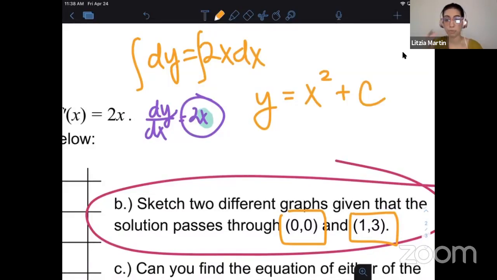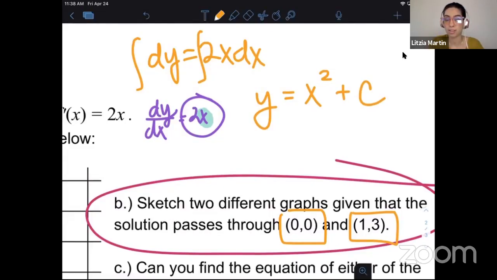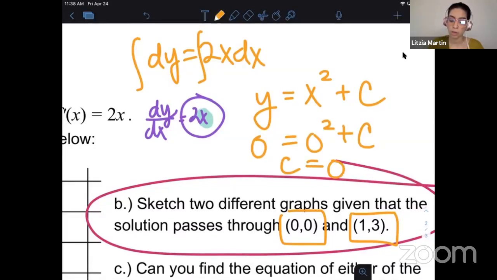The only way to figure out what c is is if you know a point. So in this case, if we know that the point 0, 0 is on there, we could plug that in. We know that c is equal to 0, so our equation would be y is equal to x squared.